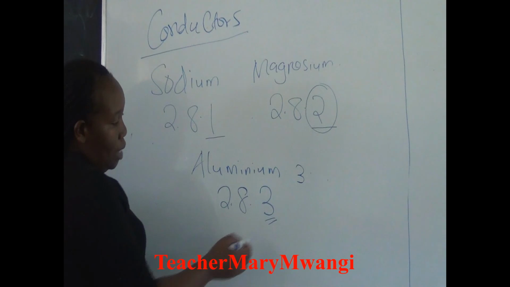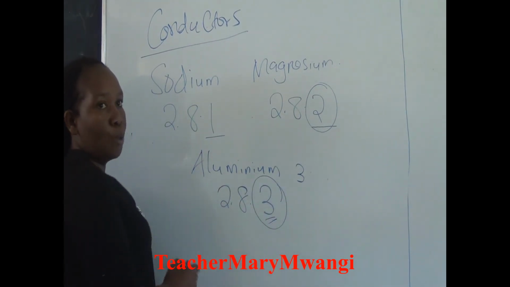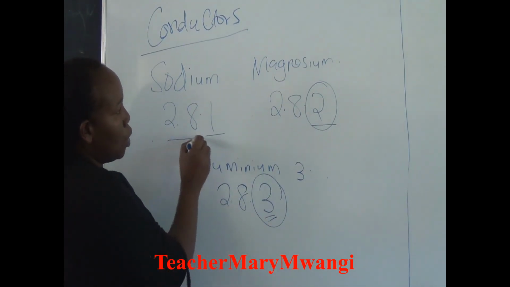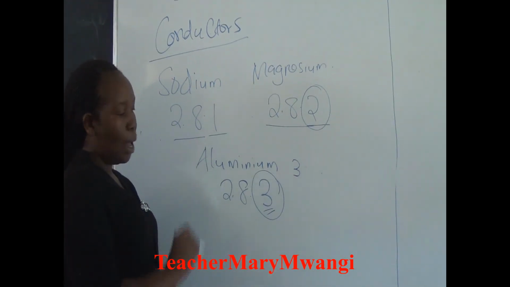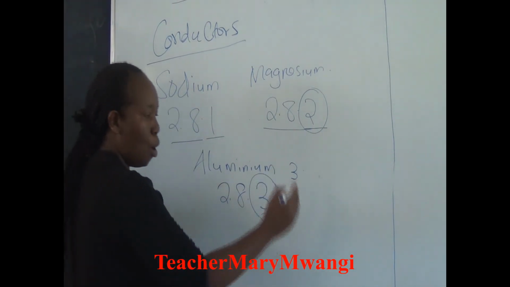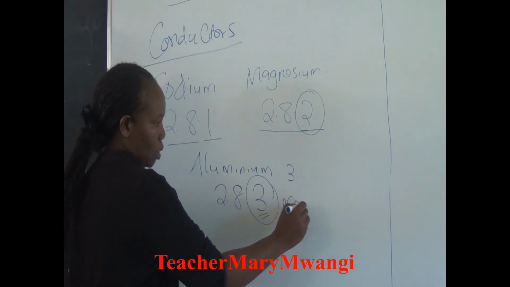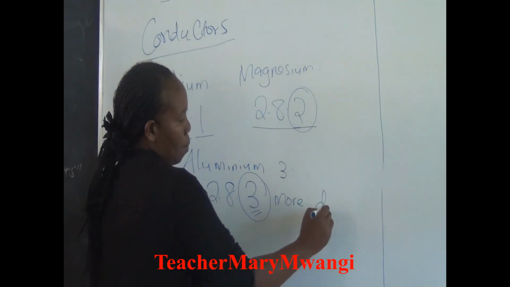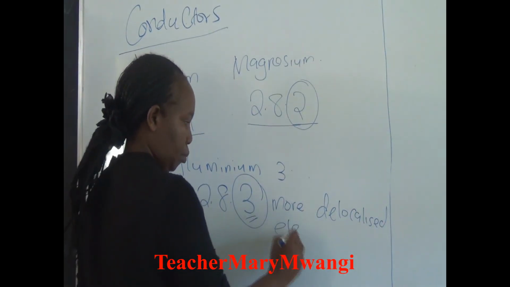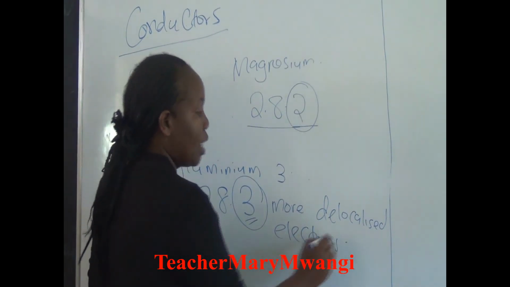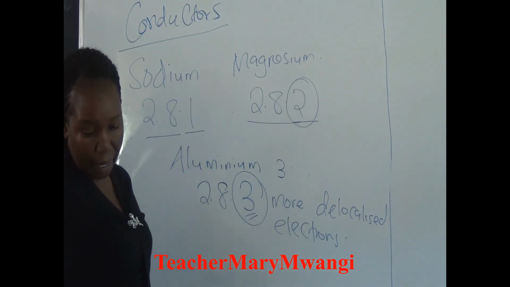This shows that it will be a superior conductor compared to sodium and magnesium. So aluminium is a better conductor because it has got more delocalized electrons.